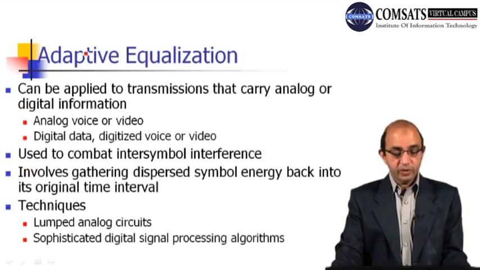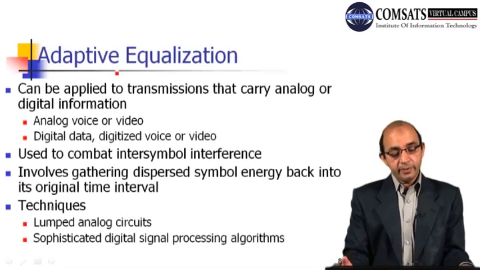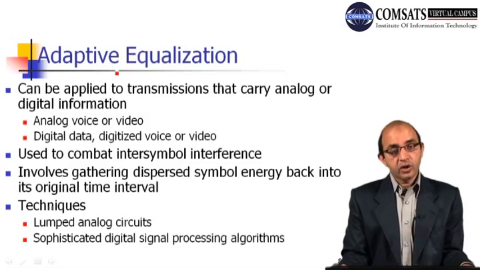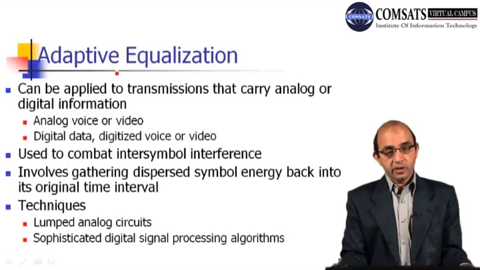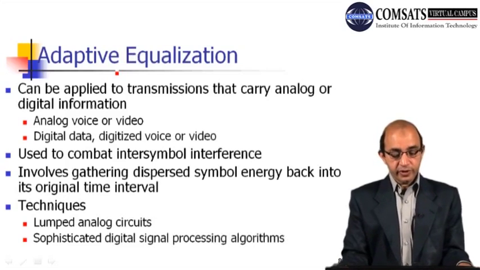And then adaptive equalization. It can be applied to transmissions that carry analog or digital information. We can have voice and video communication, right? It is actually used to combat intersymbol interference. So what is the technique involved?